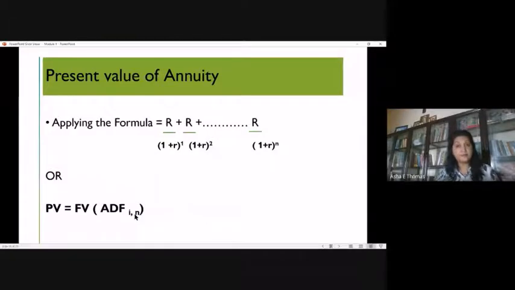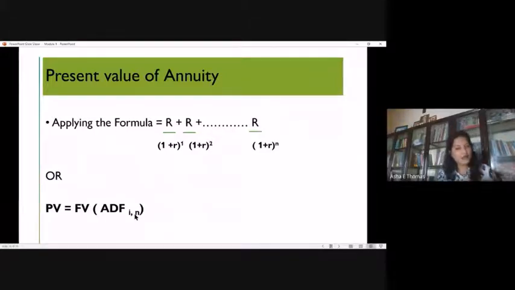I repeat, present value talks about the present value of a future earning which you are expecting to receive maybe after 5 years or 10 years. And for computation of that, there are two things you have to take care of. The first one is the discount factor or the rate of interest, and the second one is the number of years within which you are going to get the cash flow.